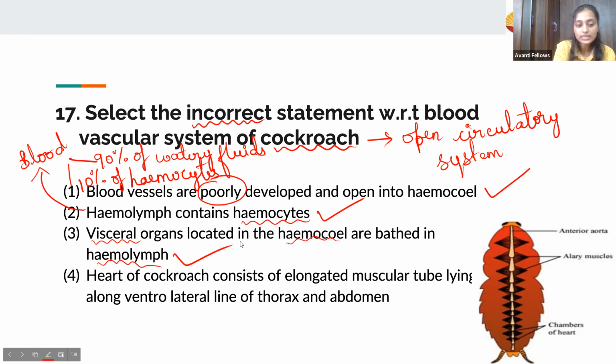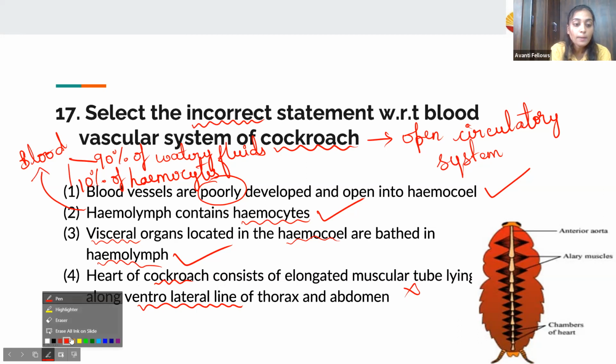Now let's see the fourth statement. The heart of the cockroach consists of an elongated muscular tube lying along the ventrolateral line of the thorax and the abdomen. No, this statement is wrong because the heart of the cockroach consists of an elongated muscular tube lying along the mid dorsal line of the thorax.